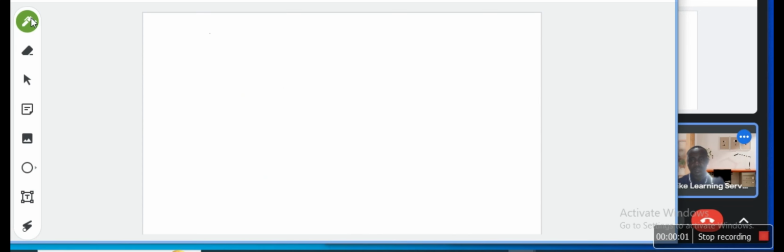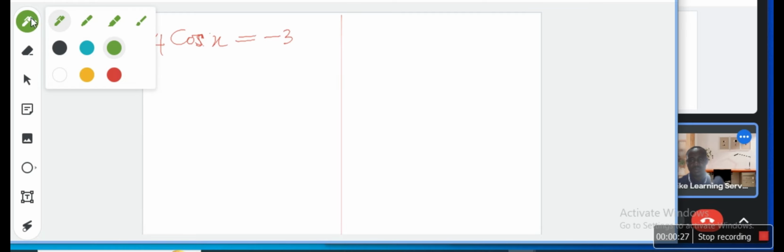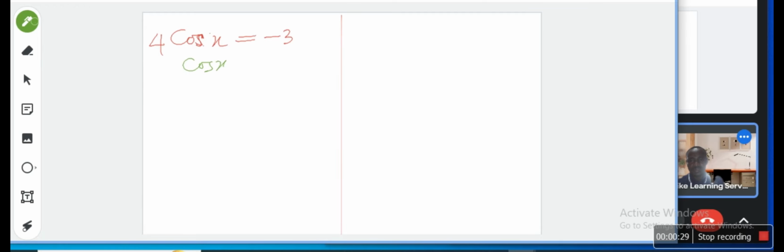Look at this other question I'm going to give you. 4 cos x is equal to minus 3. How do we solve it? Let's go. You divide both sides by 4, isn't it? You have cos x is equal to minus 3 over 4.